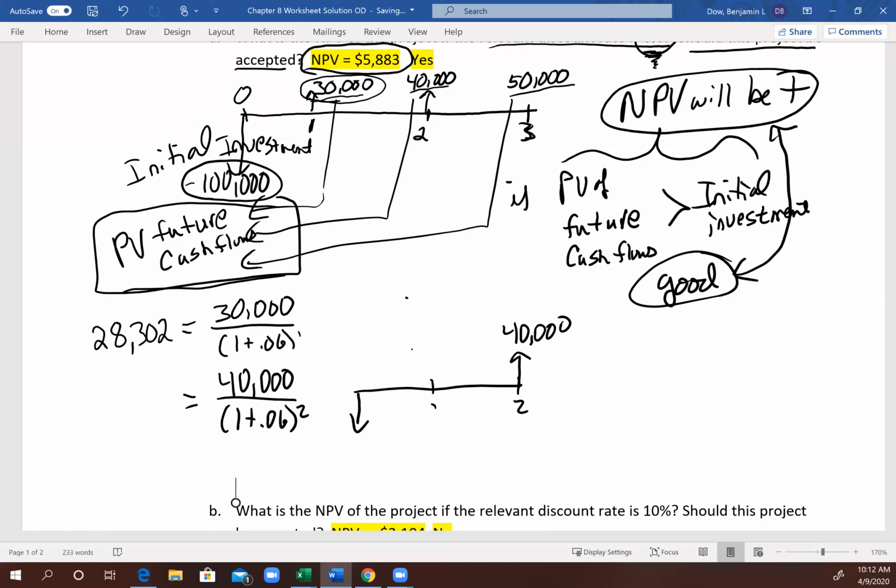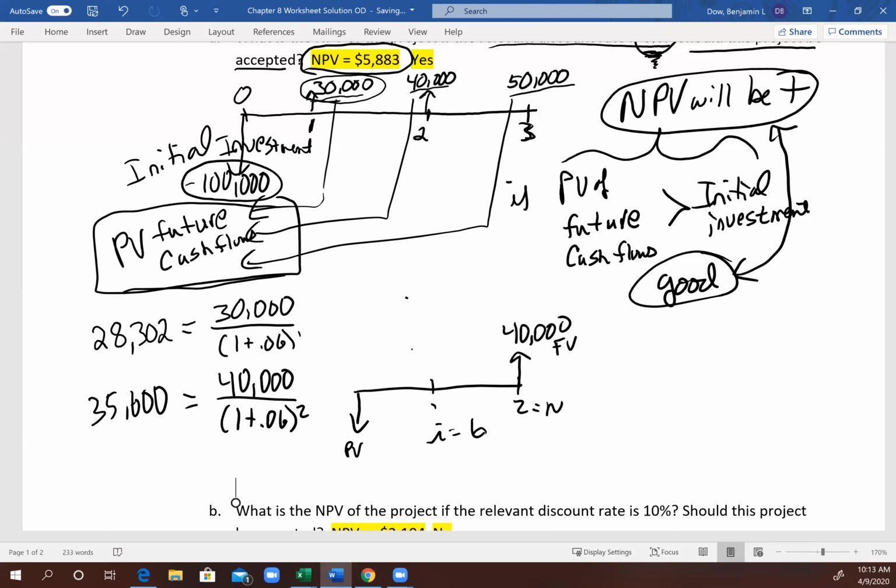Derek, you there? What about that one? Yeah, the present value of that would be 35,600. Okay. You can either do it by hand or put in future value, N equals 2, I is still 6, no payment, find the present value.